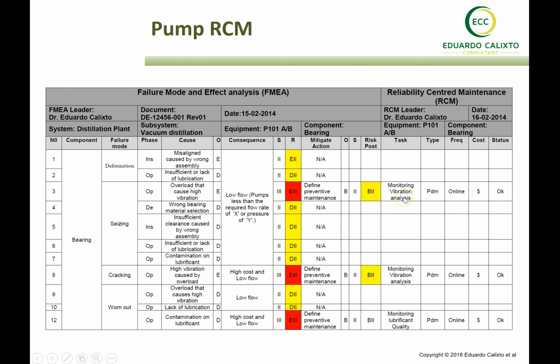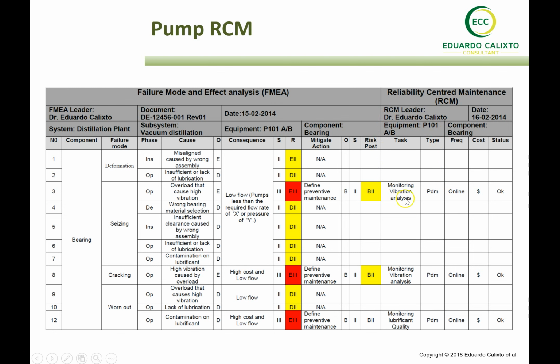So we can have online vibration monitoring to detect the high level of vibration when it achieves the threshold, or vibration that can trigger some seizing in the bearing. That's the main RCM task.